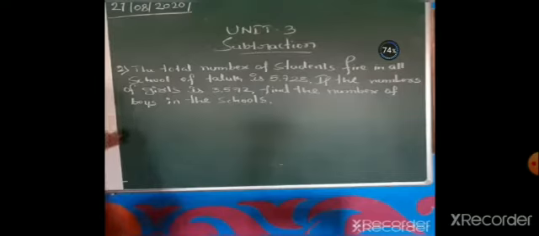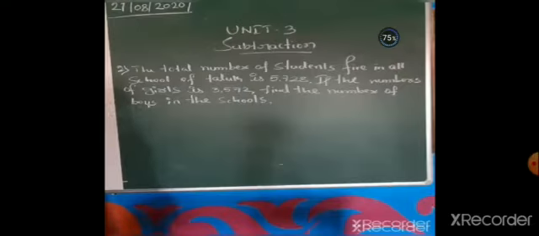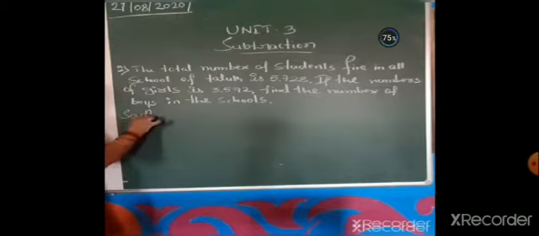If the number of girls is 3572, so how many students in total? 5728. In that, they have given the girls. How many girls are there? 3572. So students, now we find the remaining, the number of boys in the schools.